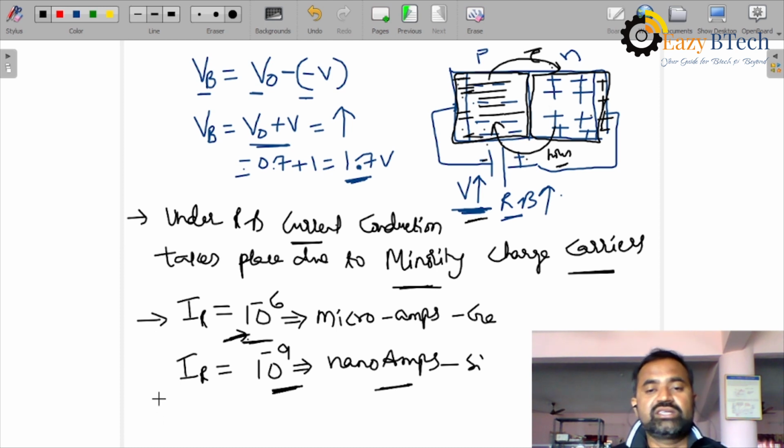Under reverse bias, the resistance across the diode is in terms of mega ohms. Due to this high resistance, the current is small and the diode acts as an off switch.